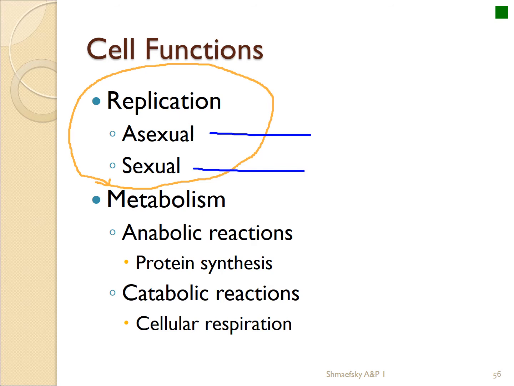Asexual reproduction is usually for the purpose of replacing cells that die, for replacing cells that are removed by injury, and for rejuvenating cells, because as cells age they tend to decay, and the way they can undo that is by undergoing replication.